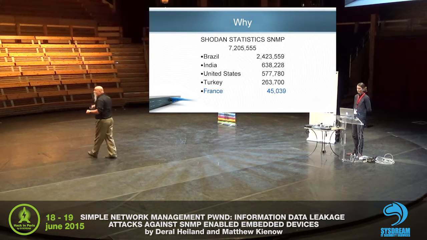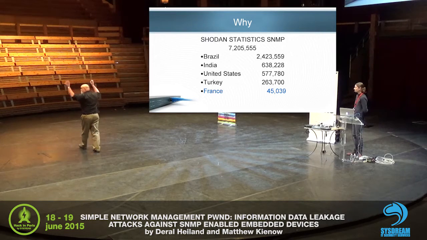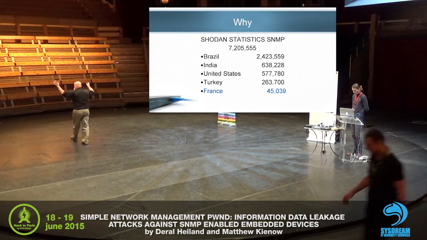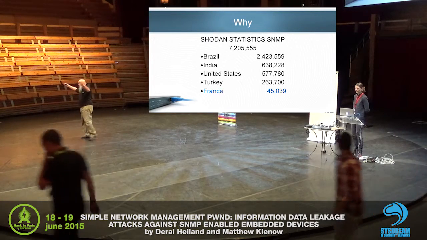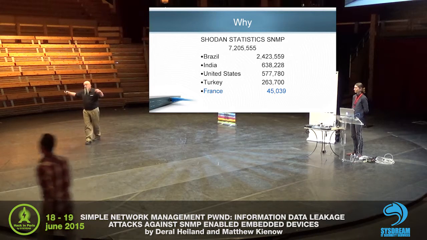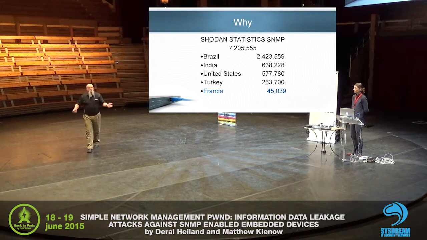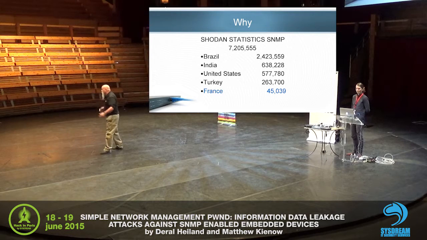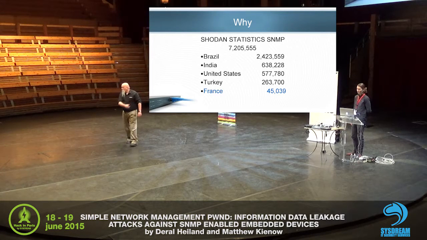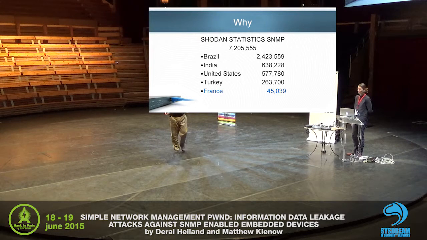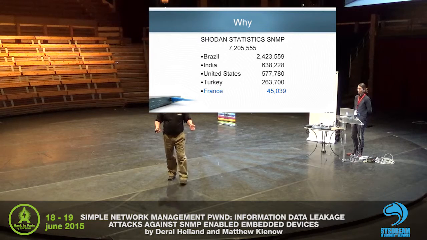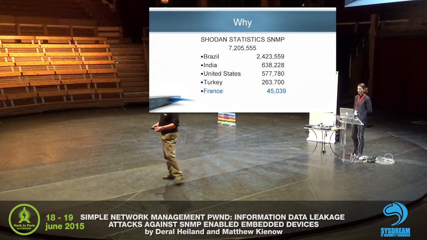We've broken down the top four here. Brazil is significantly high, which is kind of interesting. I'm wondering where that's going. Then India, United States, and Turkey. And of course, we can't leave you guys out: France. You only have 45,000, but do you really need 45,000 devices exposing SNMP to the internet with a public community string? Probably not.